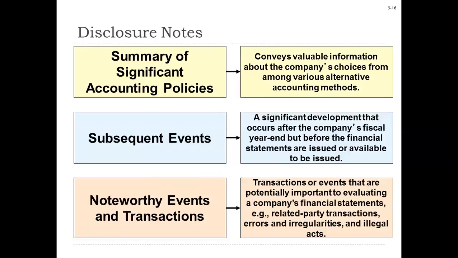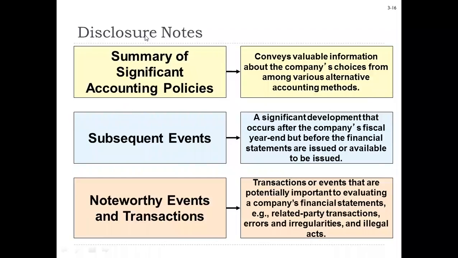Financial statements are just basically one line for each kind of item, and there's no explanation. Disclosure notes, footnotes, are where the explanations of things are. Things that it would be important for the reader of the financial statement to understand.